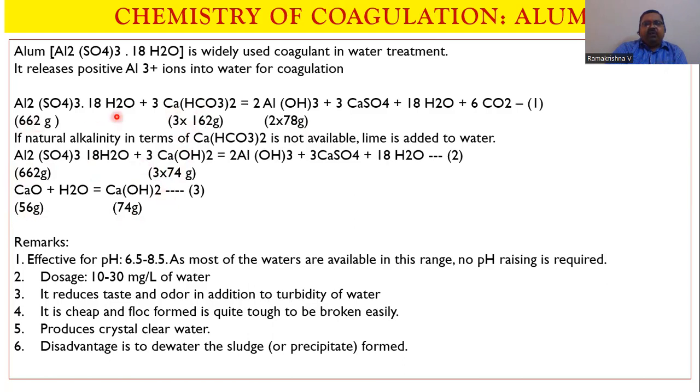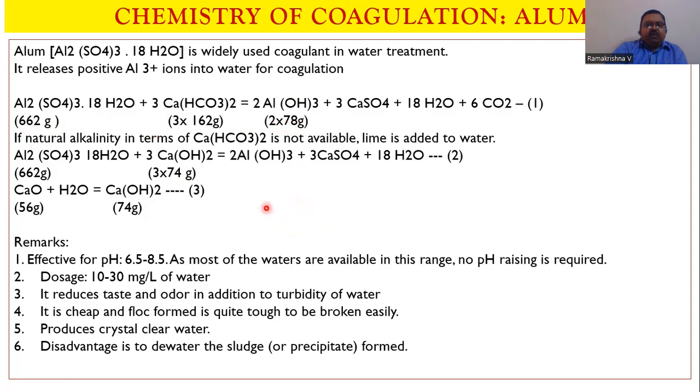This is what we have to understand in the equality relationships. And 662 grams of alum produces 2 moles of aluminum hydroxide, 2 into 78, so 156 grams of aluminum hydroxide as sludge. If you want to calculate the sludge, you have to use this relationship to calculate the quantity of the sludge.